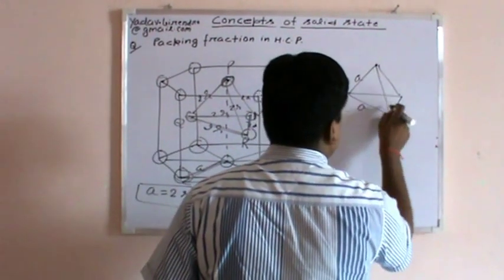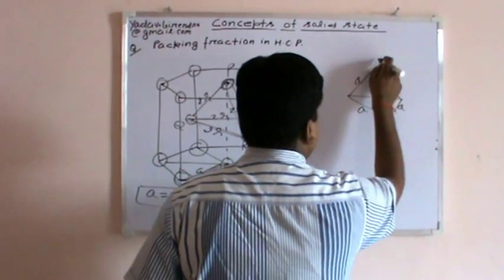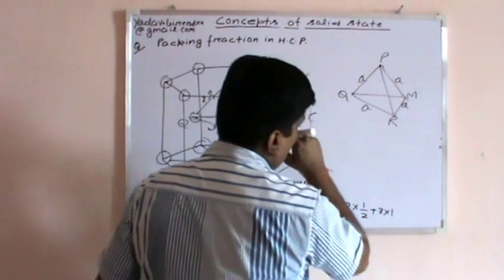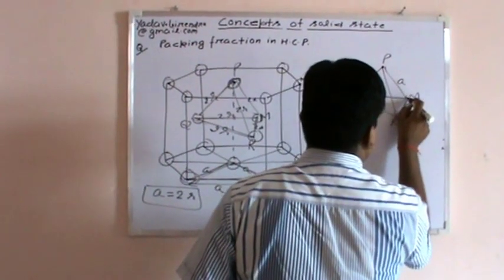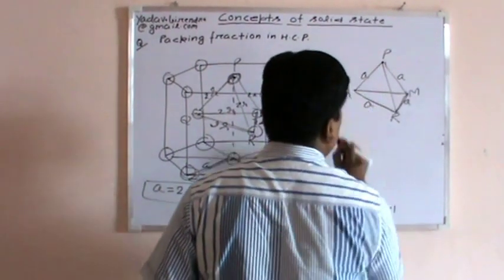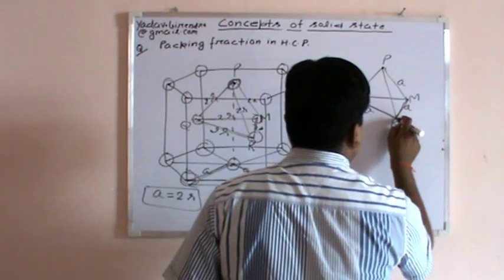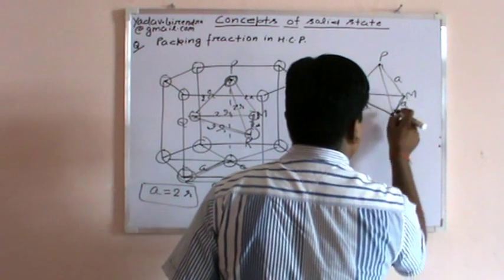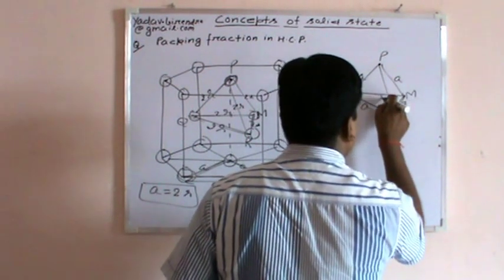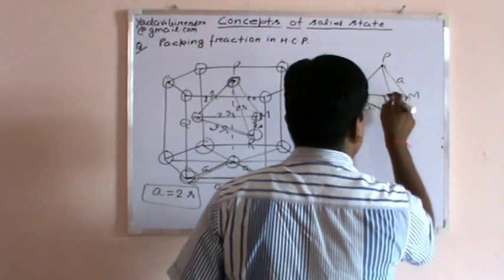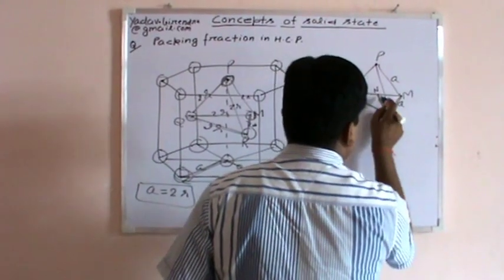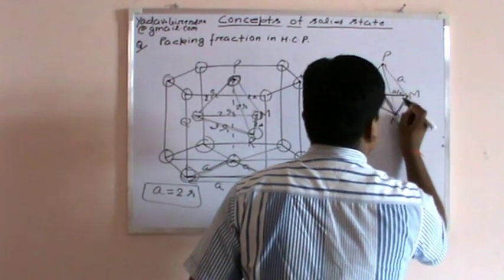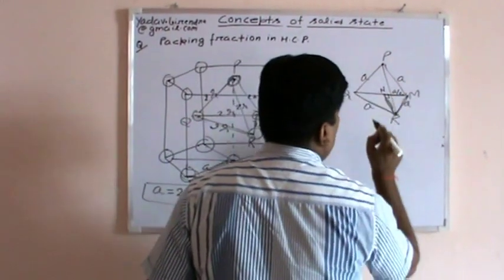Each length as A, and we have assumed this as P, Q, R, M. Now this is the equilateral triangle. If we join this with the midpoint of QM, let this be N. So obviously this length will be A by 2, perpendicular.